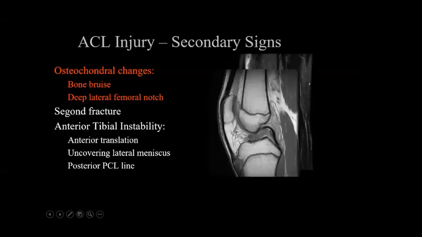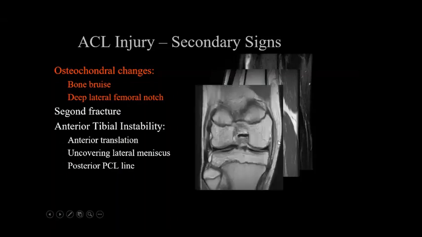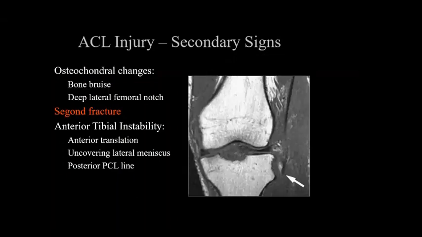The other secondary feature of ACL tear is the question mark appearance of the PCL and also the Segond fracture. And we see the bony fragment here of the proximal aspect of the lateral tibial plateau, which indicates a pivot shift mechanism of injury.